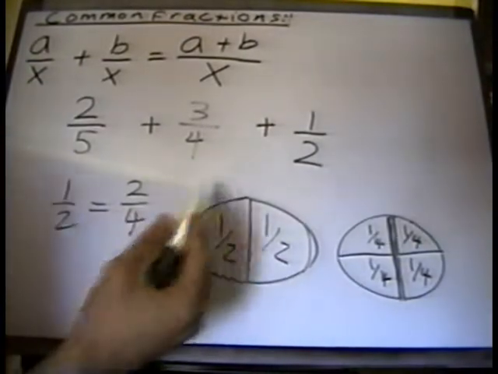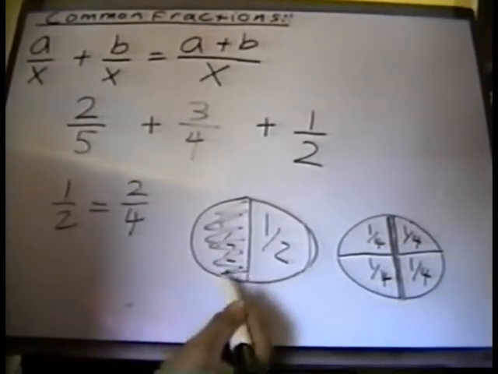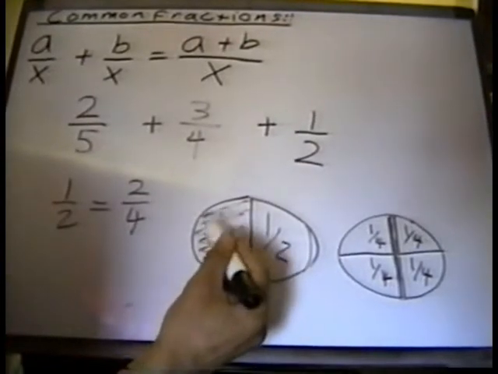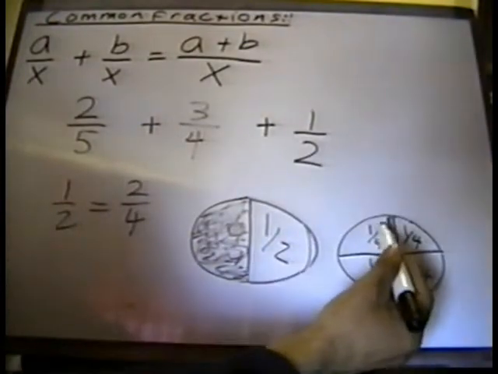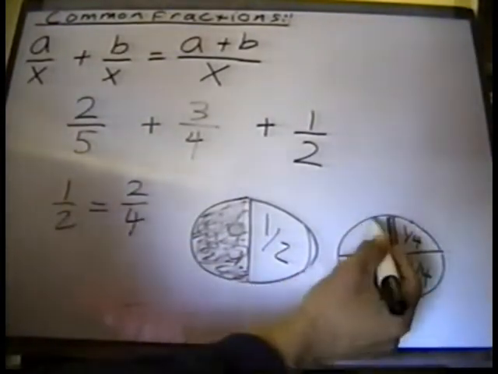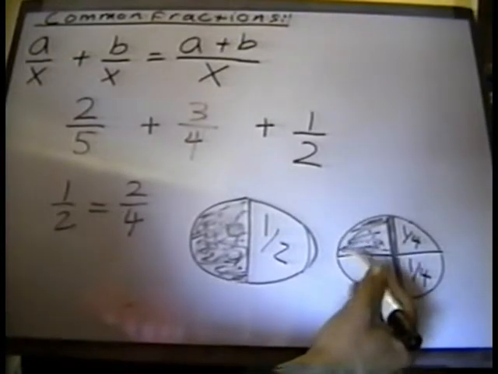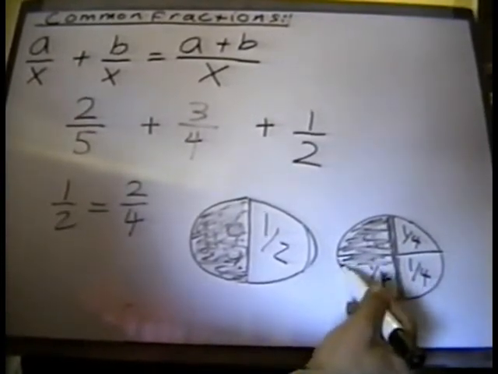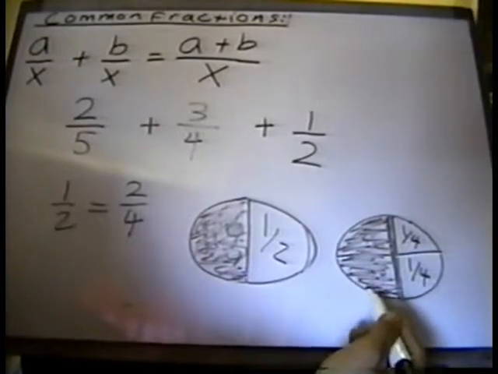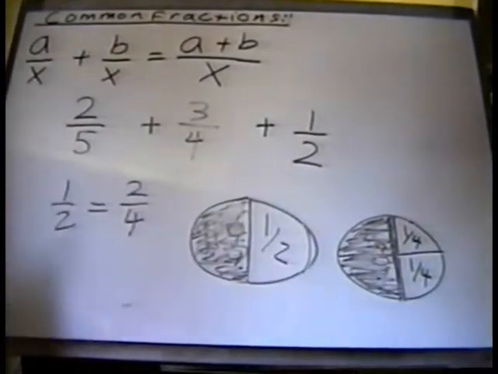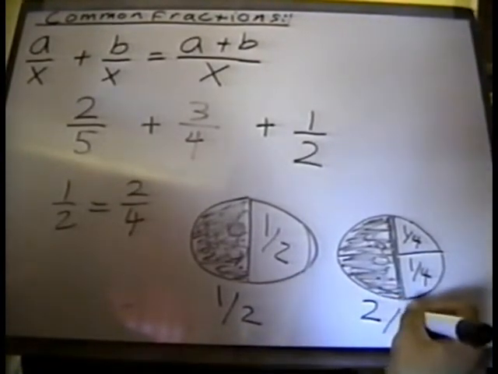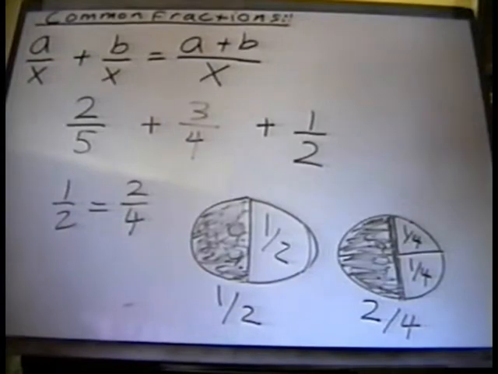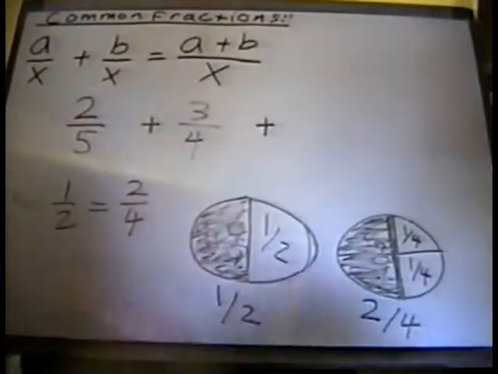Now, if I shade in 1/2, I just shaded in 180 degrees of the circle. If I shade in 2/4, that's 1/4, but if I shade in 2/4, I have 1/2 as well. This is 1/2. This is 2/4 shaded in. Okay, so we convert that into 2/4.